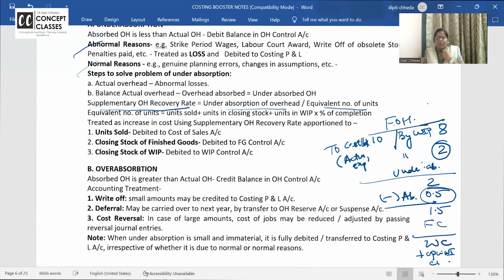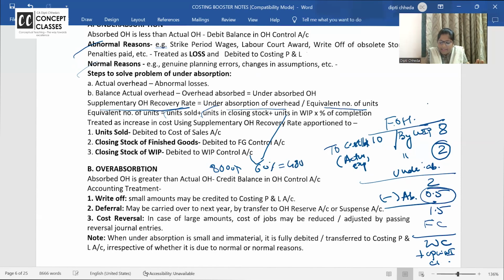So work in progress maybe कम charge हुआ है. So can we charge more? Yes. Supplementary overhead rate is: take number of units sold, take number of units in stock, and work in progress is say 8,000 units, but they are 60% complete.